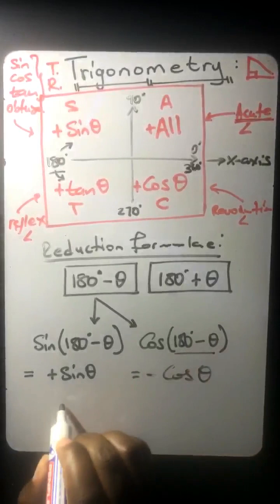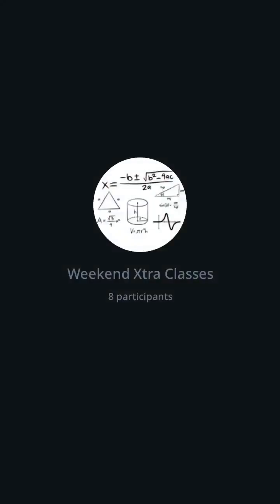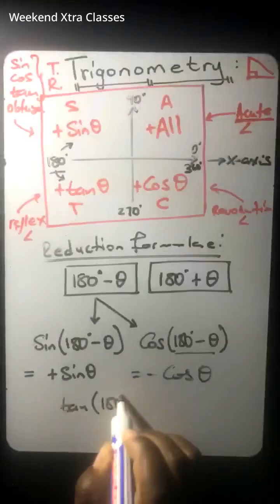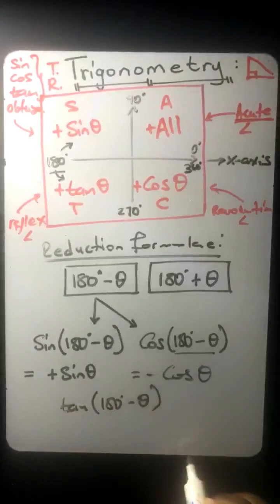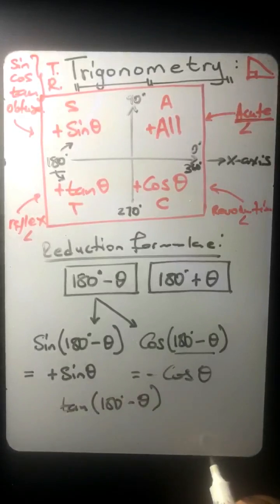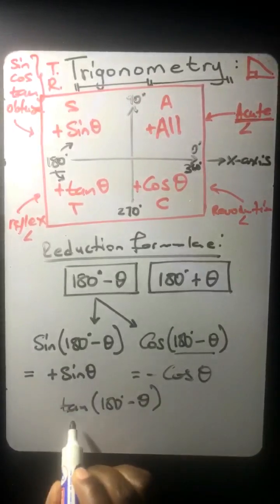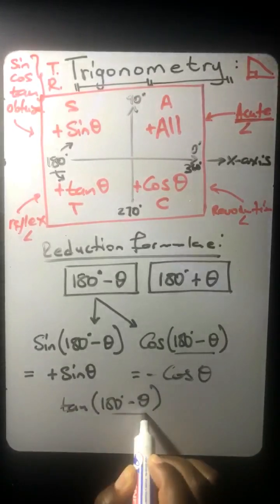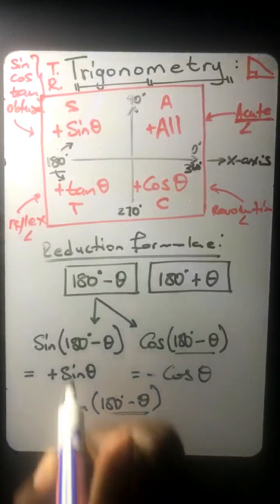Lastly, let's have a look at tan of 180 degrees minus an angle. It might be boring, but trust me, we do need to do all of that so that in the end, we are all on the same page. So you say, in which quadrant does this fall? That is the format that you follow.